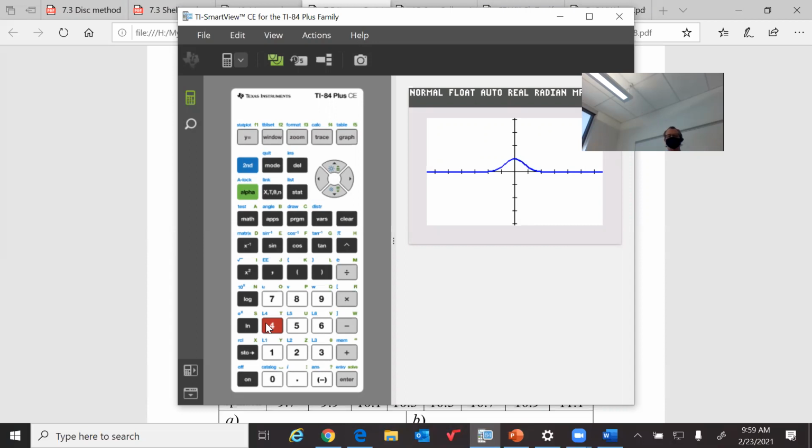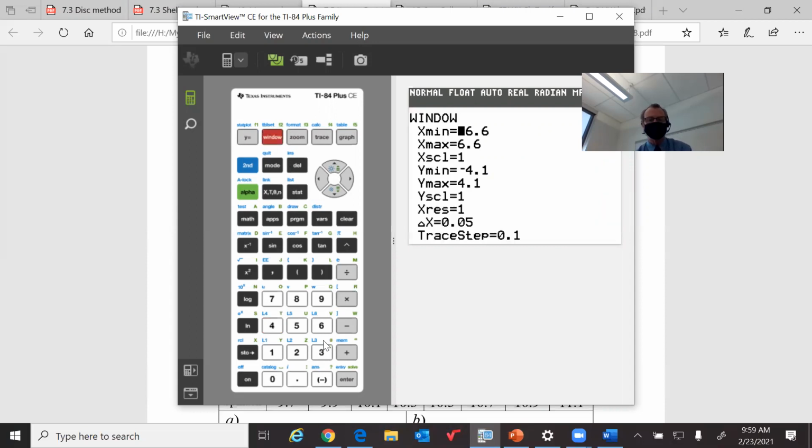So we're going to go to this window, which the stat children already have. We're going to go to -3 to 3, where the x scale is 1, and the y's we're going to go from -2/10 to 5/10.